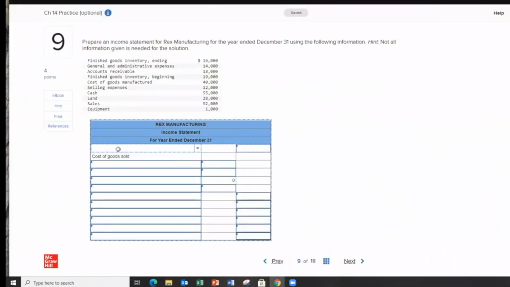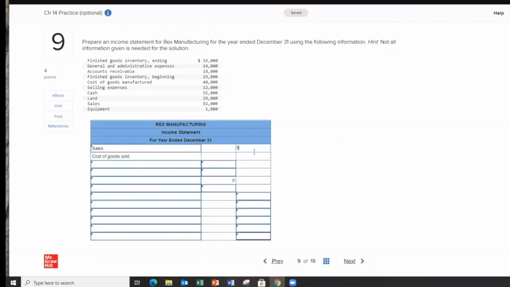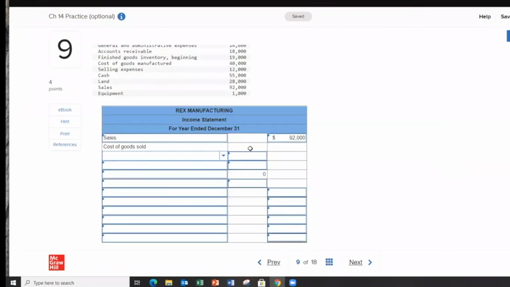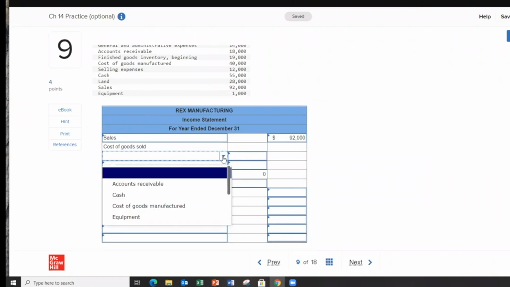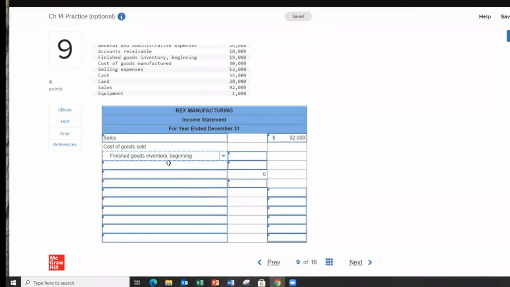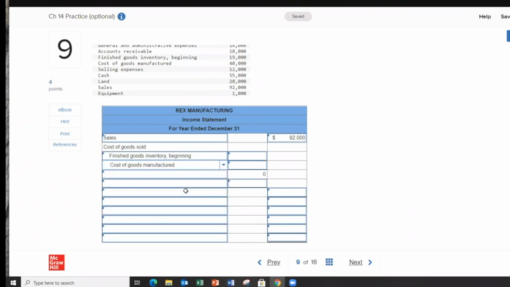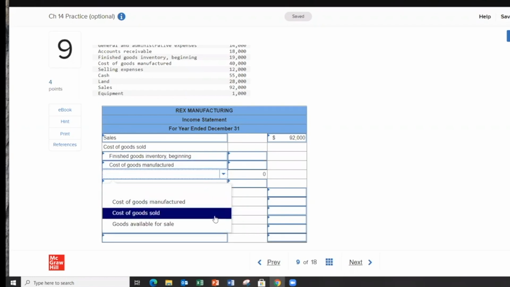To do an income statement for a manufacturing company, of course, the first thing is sales, right? Now, cost of goods sold isn't just a number we plunk in there. Cost of goods sold has got to be calculated. What is cost of goods sold? It's my finished goods at the beginning plus the cost of goods manufactured, what we did finish, minus what we ended up with.